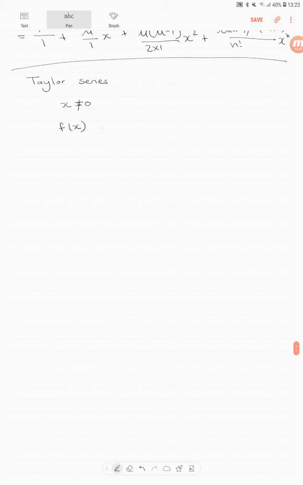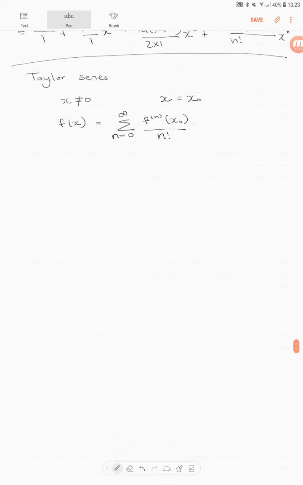Your function f of x is equal to the sum of n equal to 0 up to infinity of your nth derivative at x0. So remember the Taylor series, we look around our x0, over n factorial times (x minus x0) to the power of n.